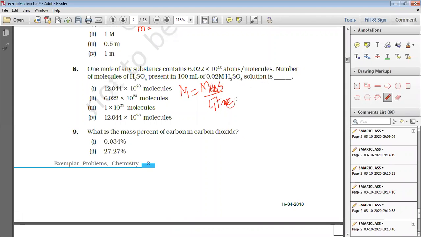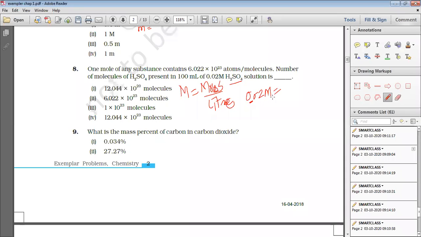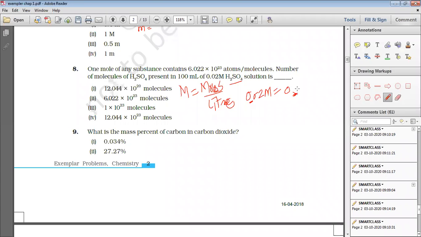Here you can see that for H2SO4, the molarity is given as 0.02 molar. That means 0.02 mole in 1 liter.